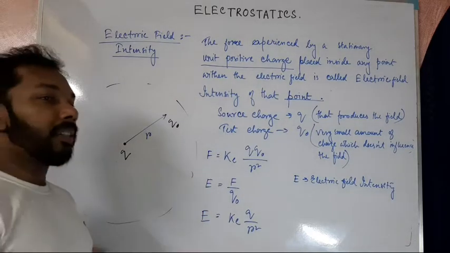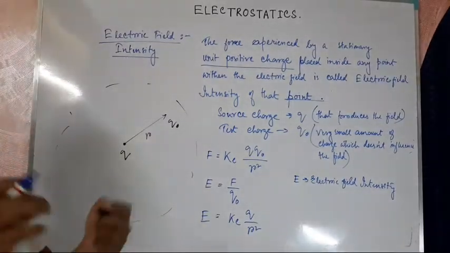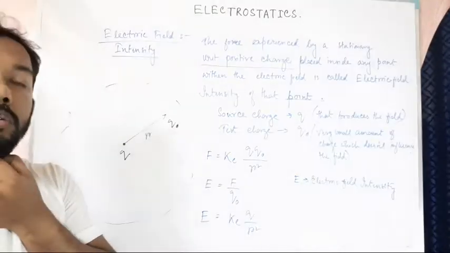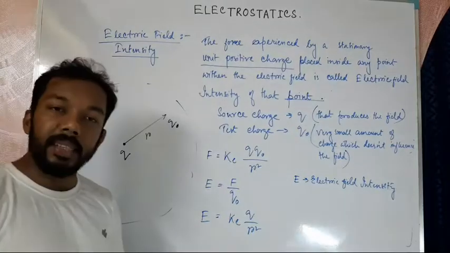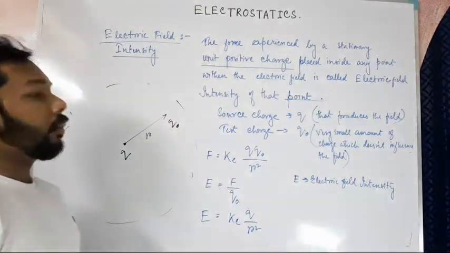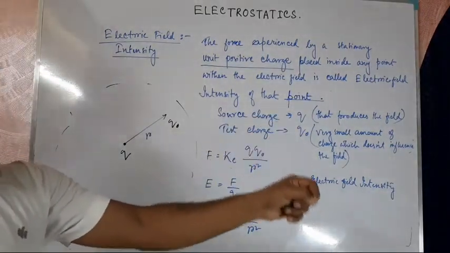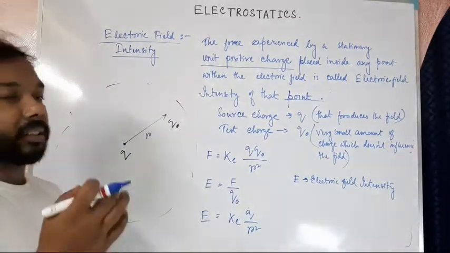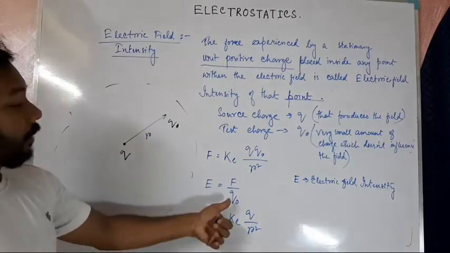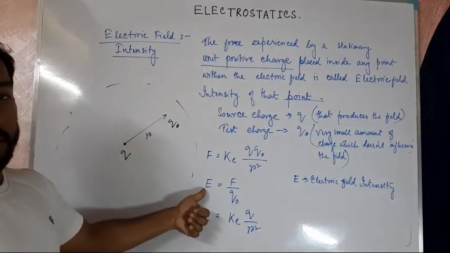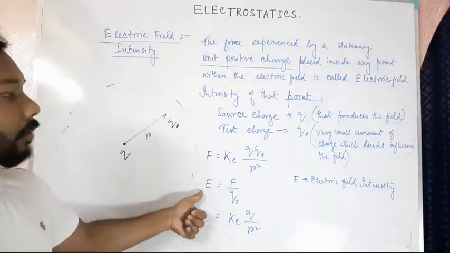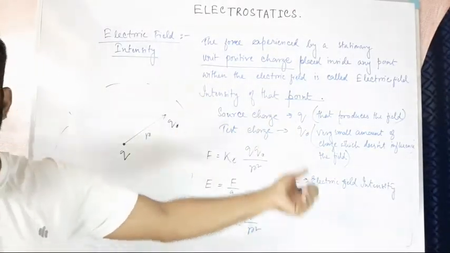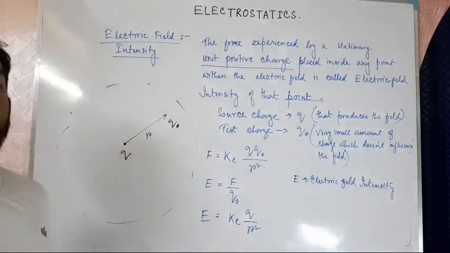Now, we can imagine that every point inside an electric field has a different value of electric field intensity, and when you put a certain amount of real test charge there, we just multiply that test charge with the value of the electric field at that position, and we get the amount of force that the source charge will exert on that test charge if we place it at that position.